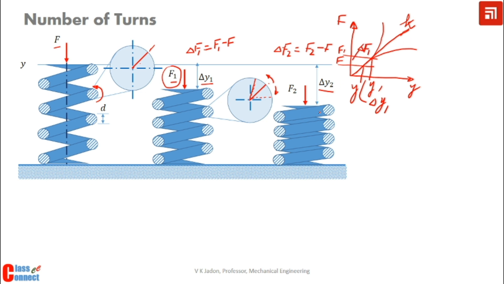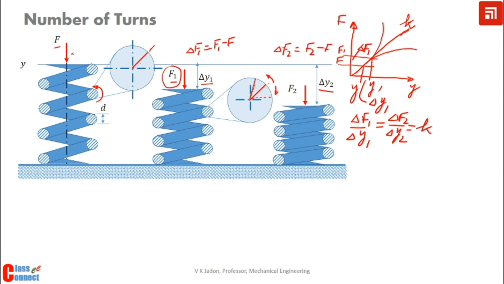So for a linear spring, delta F1 over delta y1 will be equal to delta F2 over delta y2, because for a linear spring k is constant, and this is equal to k, that is the spring stiffness.